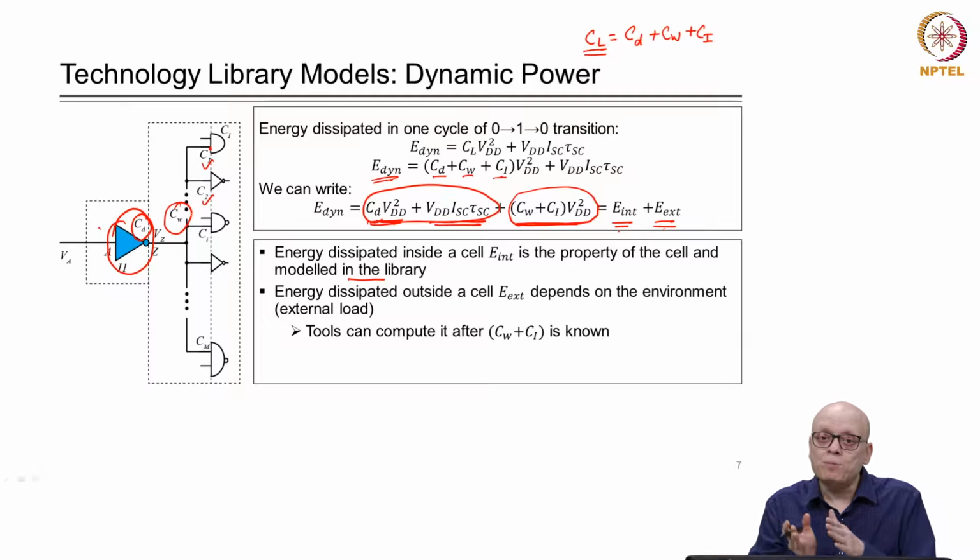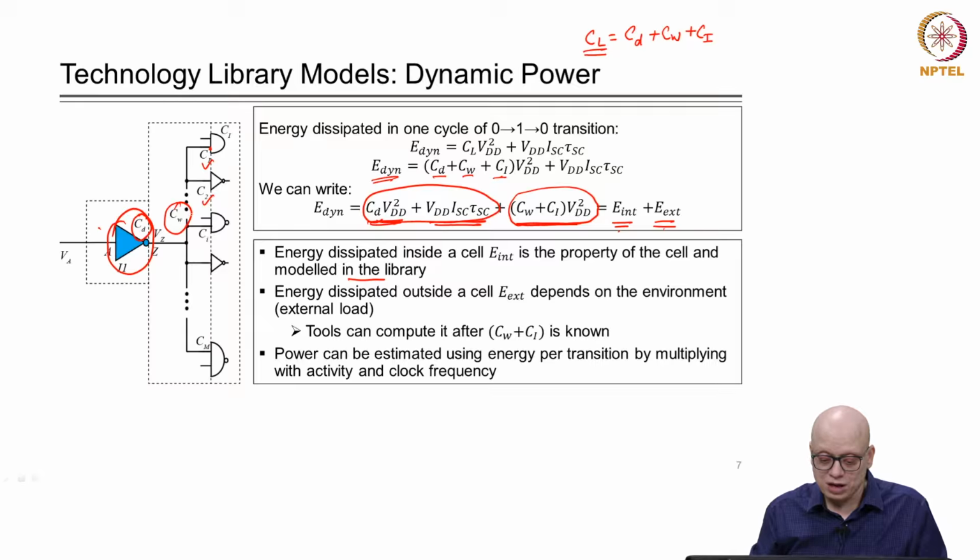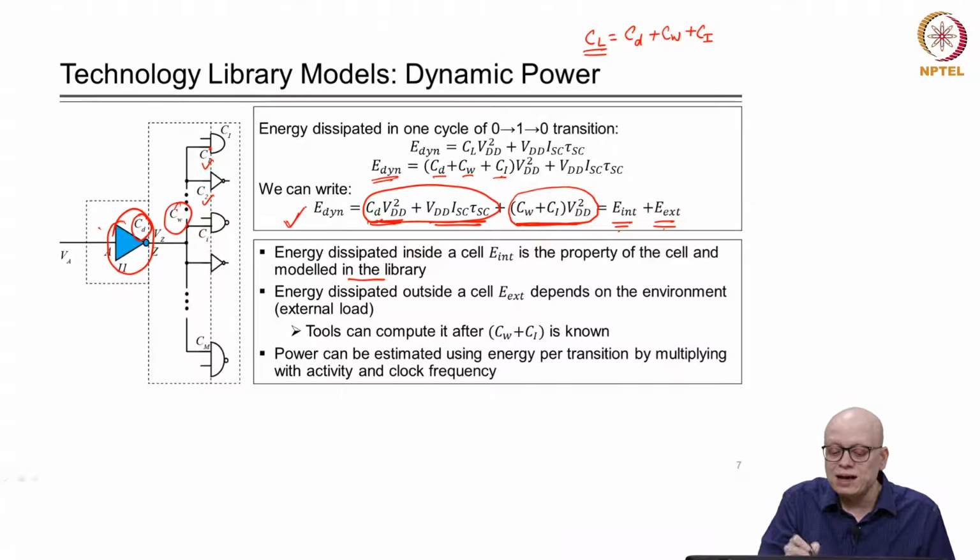However, the component of power which is lying inside the cell, that is modeled inside the library, because that is the property of the cell that we are characterizing. So, power can be estimated using energy per transition. So, these are energy numbers, right. So, using these energy numbers, we can compute the power by multiplying with the activity and the clock frequency, right.